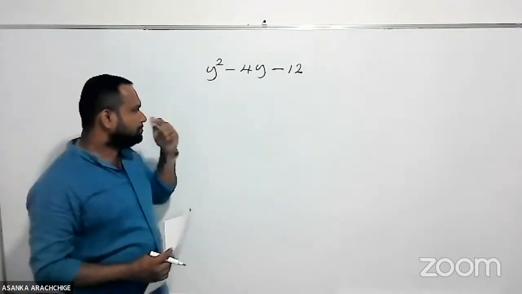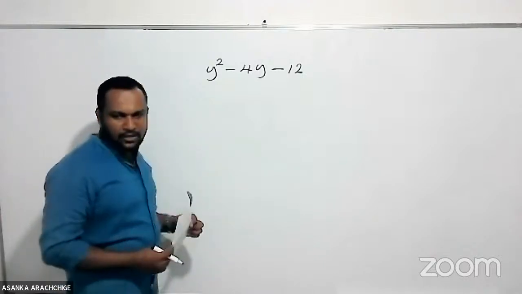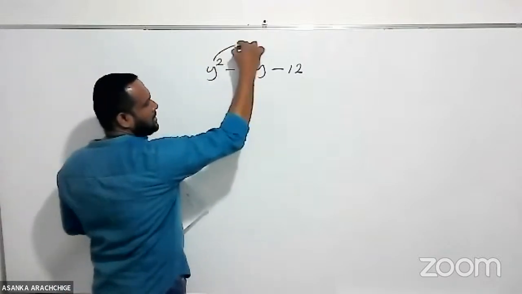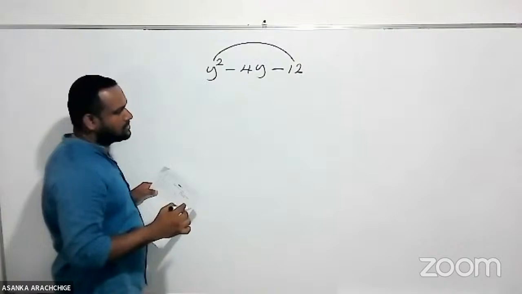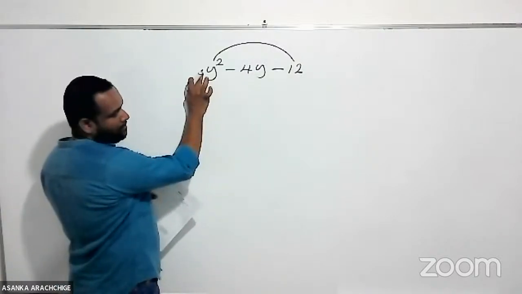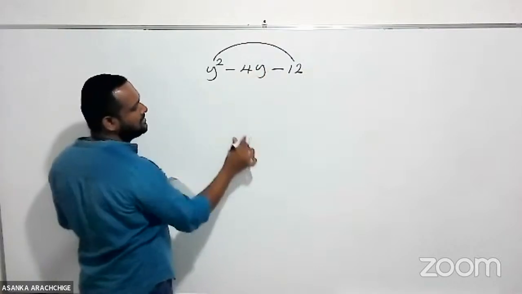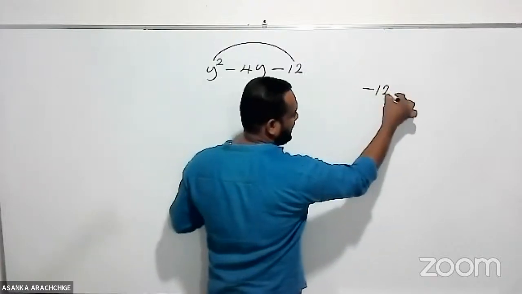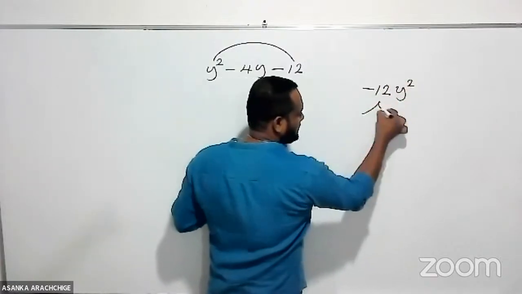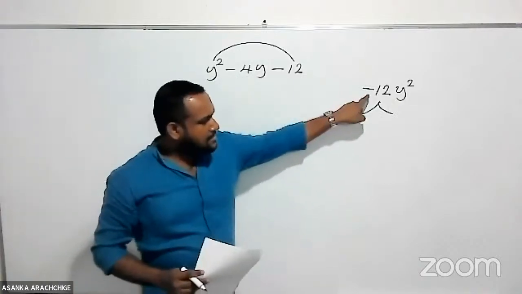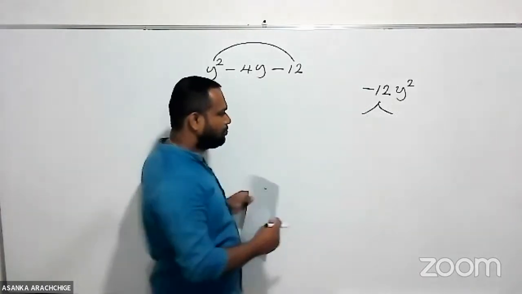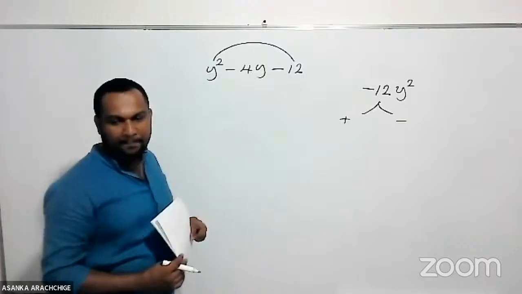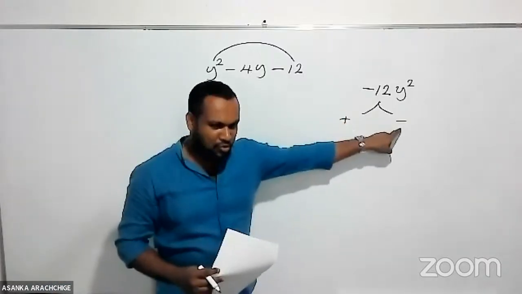You know, the method of solving this kind of expression is that first we need to get the product of the two end terms. That is, y squared into minus 12, that is minus 12 y squared. Since it is a negative term, one factor has to be minus while the other factor is plus. One factor plus, other factor should be minus.